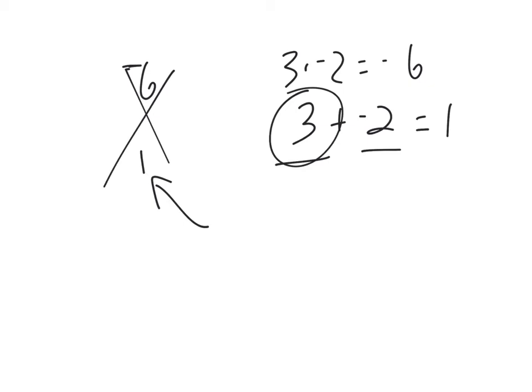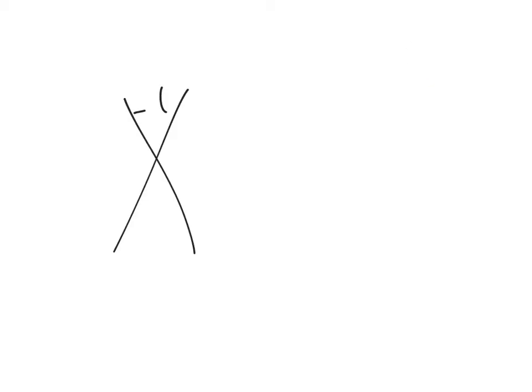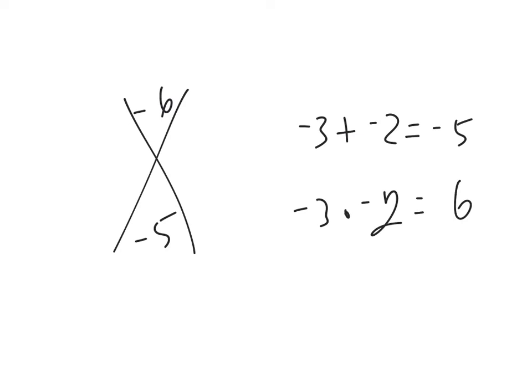Okay, so what if we do this? Negative 6 and negative 5. Now I automatically think 3 and 2, but if they're both negative, that'll give me a negative 5. But if they're both negative and I multiply them, well, that's going to give me a positive 6. So again, they can't both be negative because this guy's negative. Okay, they have to have one of each.